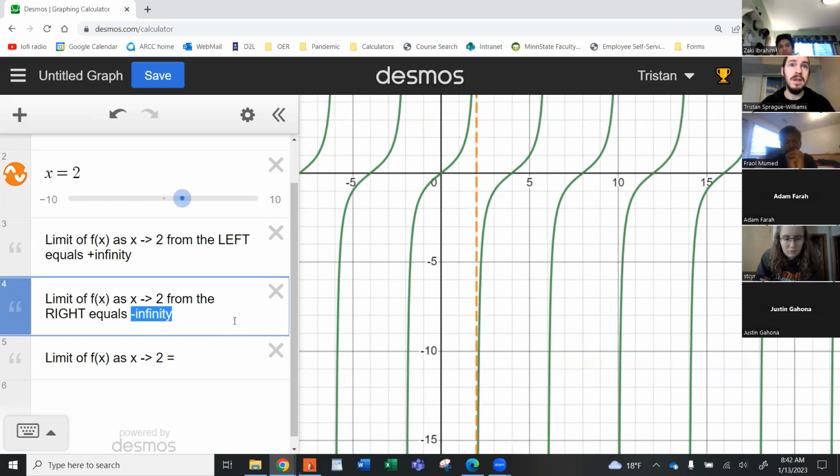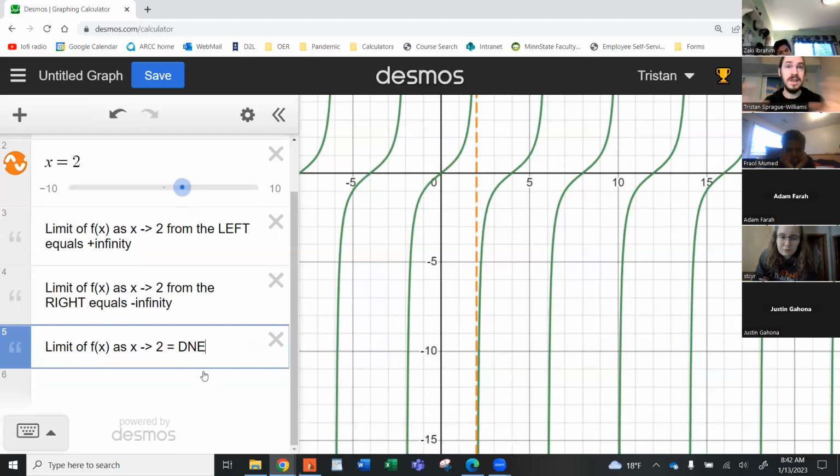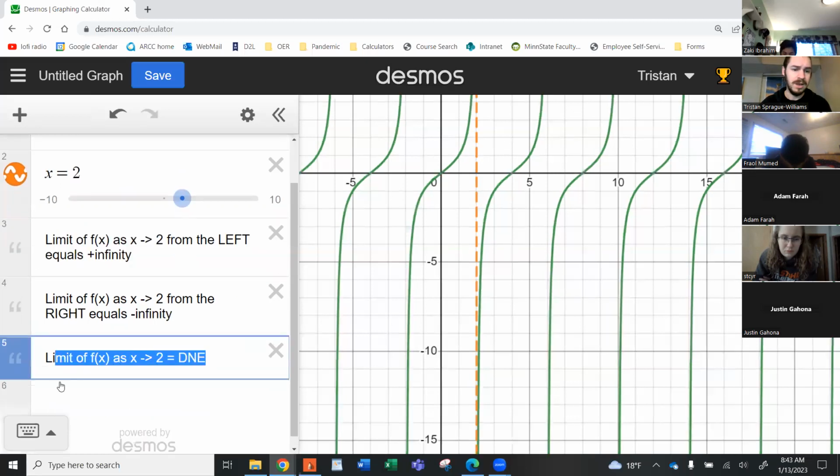You can't say the limit is east if the limit from one side is east and the limit from the other side is west. So even though neither negative infinity nor positive infinity are numbers, we can still say that they're not the same. They're still different directions in a sense. So actually what I want to say here is just DNE. So when you have a vertical asymptote that's approaching different infinities, positive versus negative on each side, we still say overall that the limit doesn't exist.